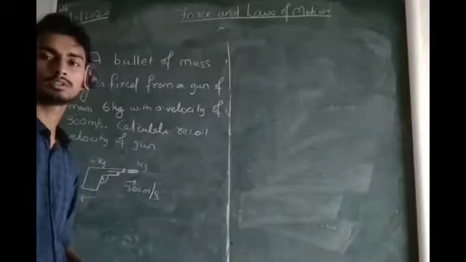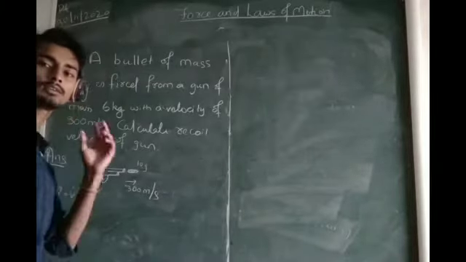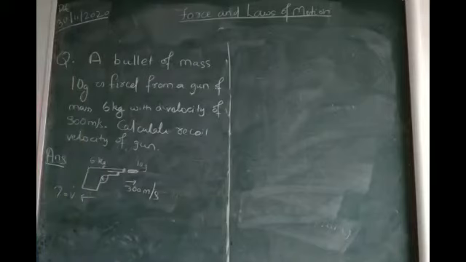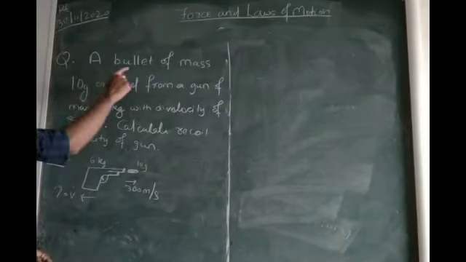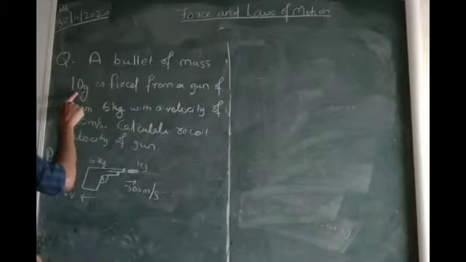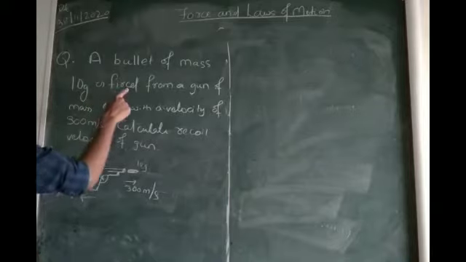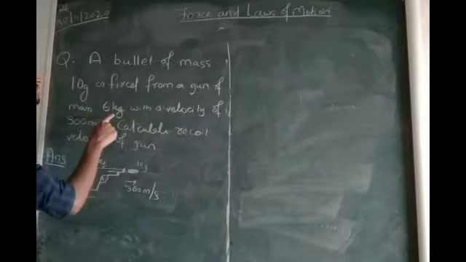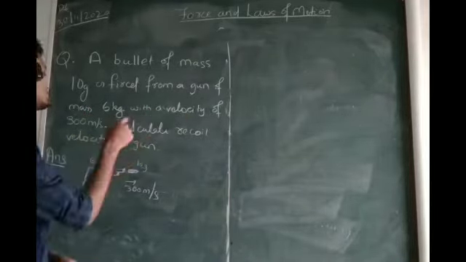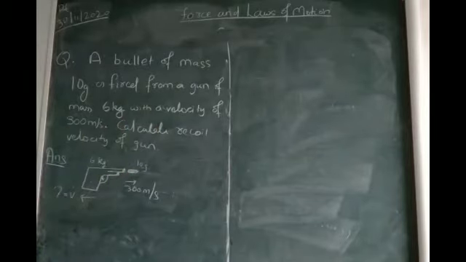So before solving the question, let us understand what is given. The question says, a bullet of mass 10 gram is fired from a gun of mass 6 kilogram with a velocity of 300 meter per second. Calculate the recoil velocity of the gun.